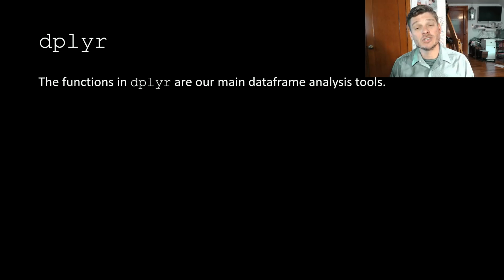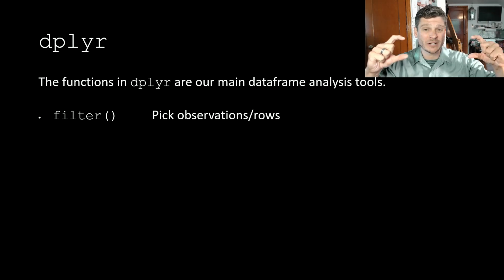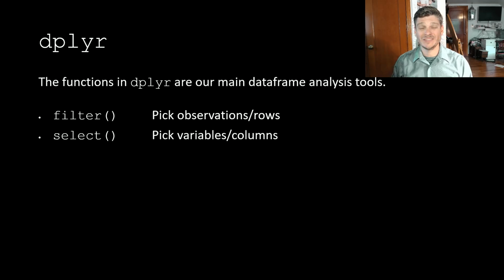So the functions we're going to look at today are going to be filter, which is how we pick our observations in rows. It's going to go through our whole data frame and only pick certain rows or observations for us based on our criteria. There's select, which is only going to pick our variables or columns, again based on our particular criteria.